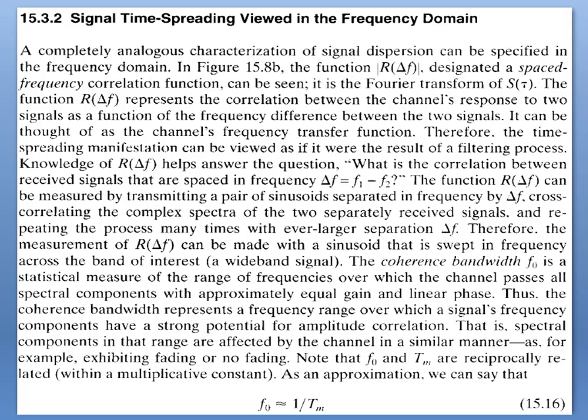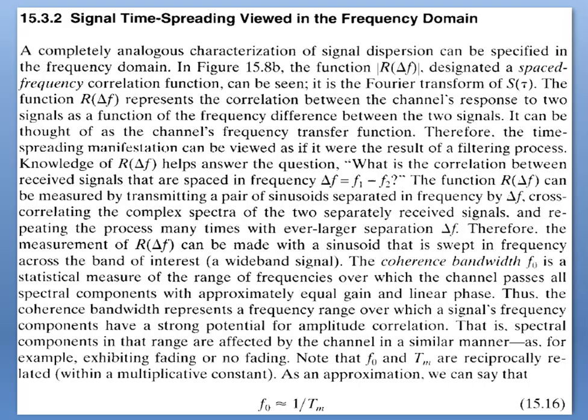A more useful parameter is the delay spread, more often characterized in terms of its root mean square value, called the RMS delay spread, σ_τ equal to the square root of τ² bar minus τ bar squared, where τ bar is the mean excess delay and τ² bar is the mean square delay. Here τ² bar is the second moment, and σ_τ is the square root of the second central moment of S(τ).